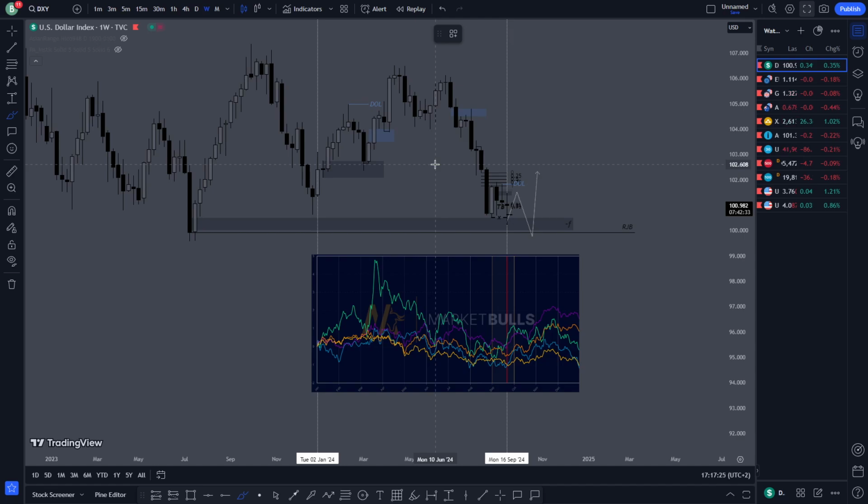For example, we enter longs here and target this high, because I know price will take out this high. So draw on liquidity is something that price will most likely take out.